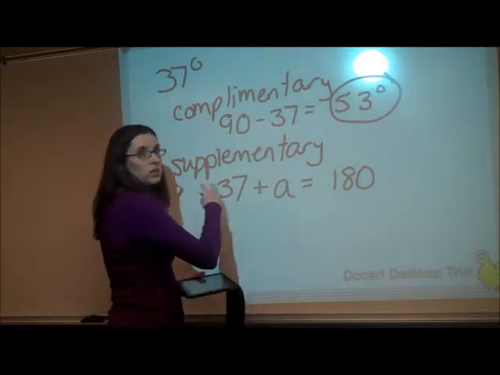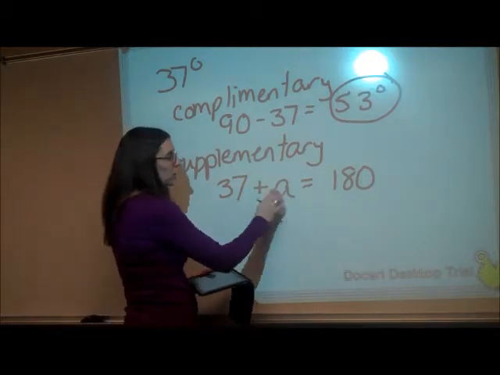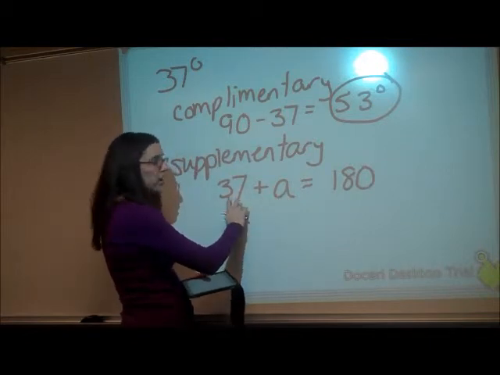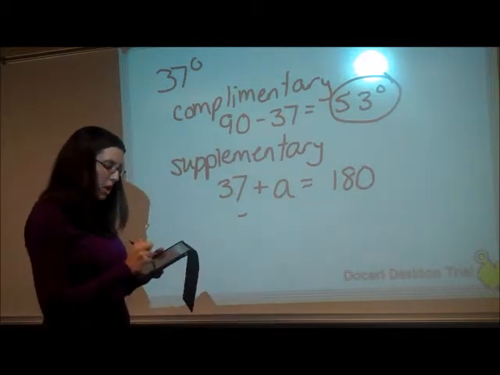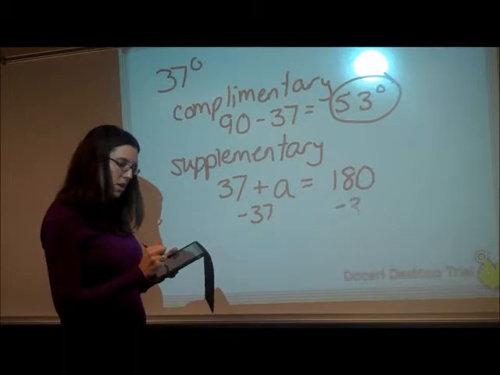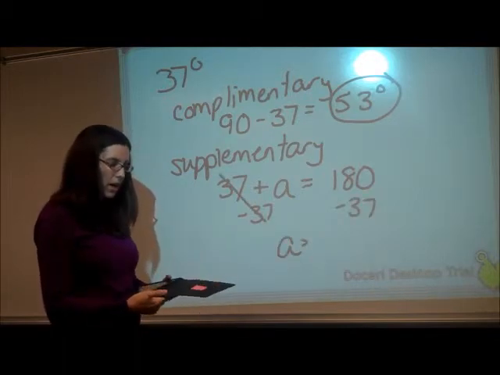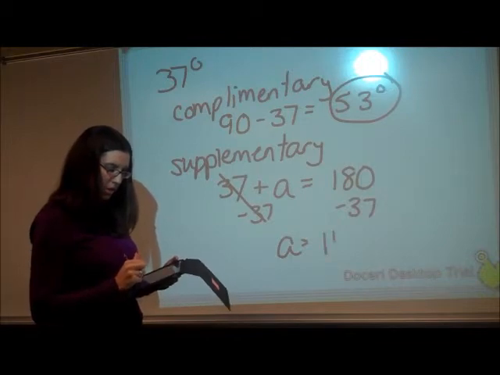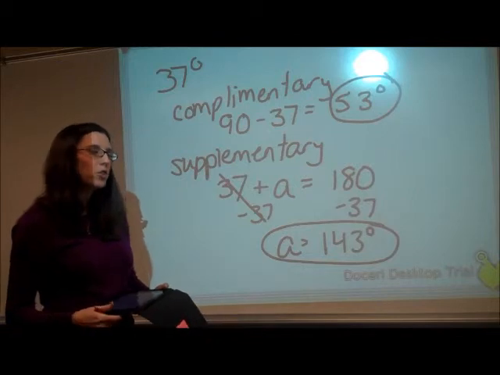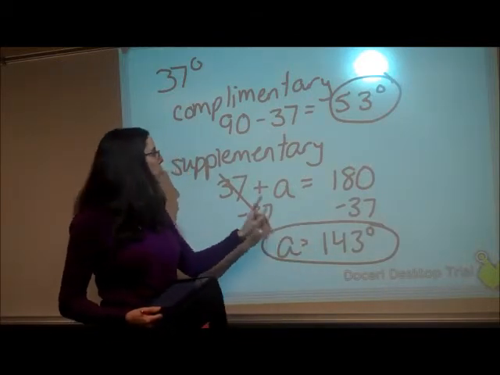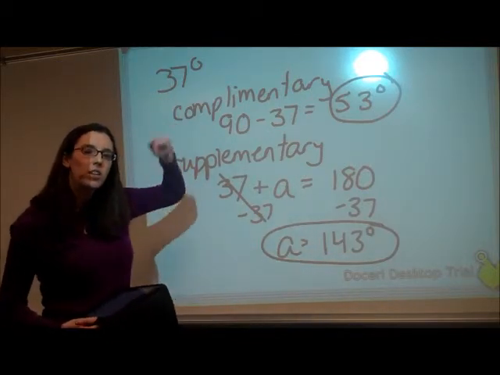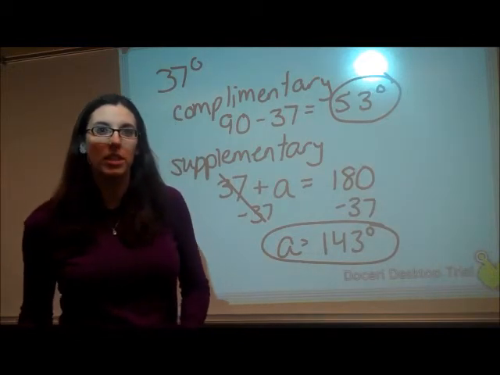So if I look at this as an algebraic equation, here's my variable, I'm adding 37 to it. So if I subtract 37 from both sides, I get that my angle would need to measure 143 degrees. And if you check this, if you take 143 plus 37, you would get 180 degrees.